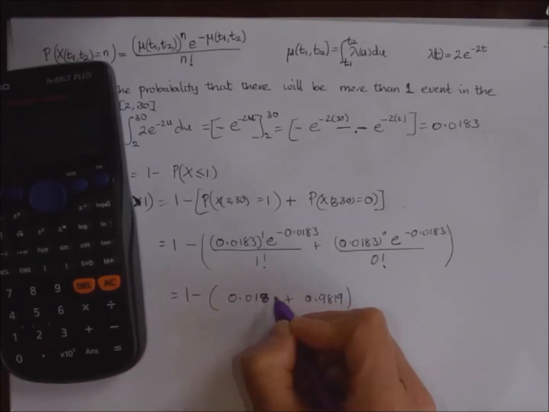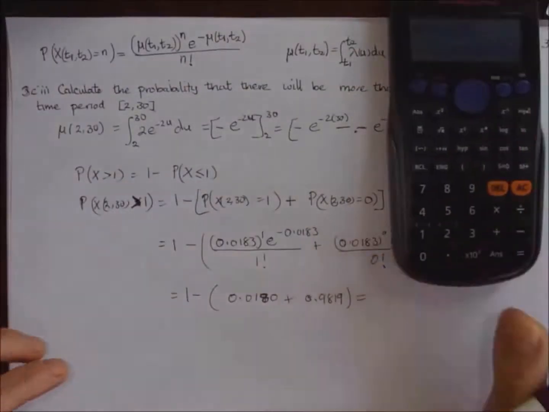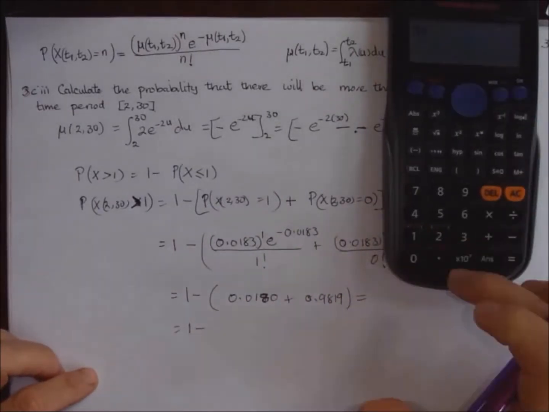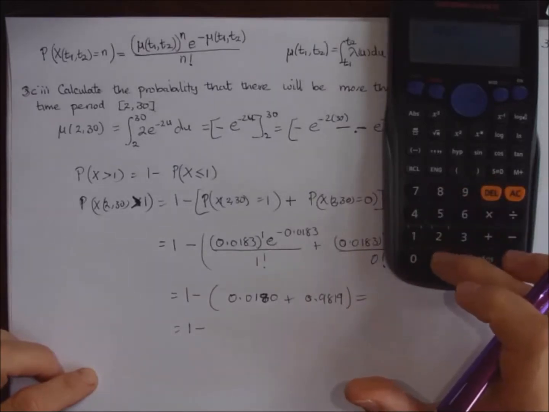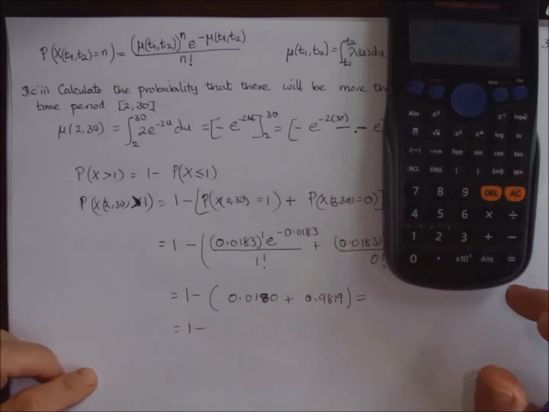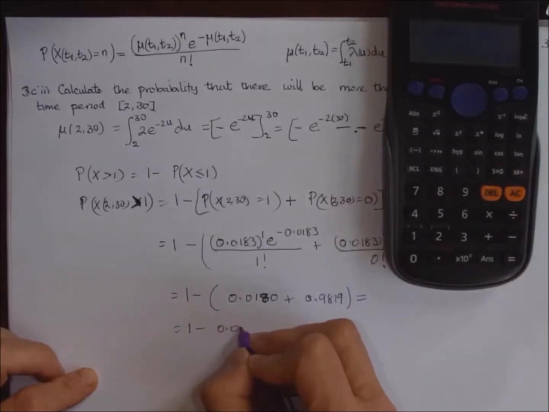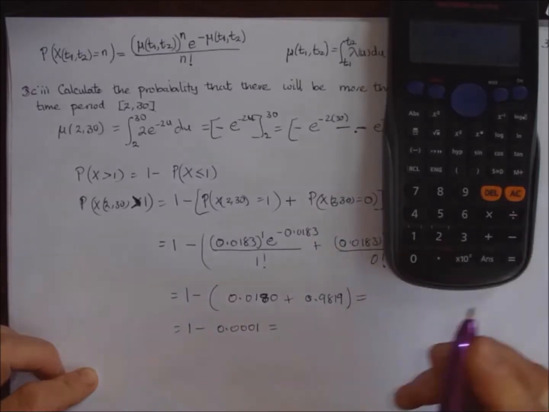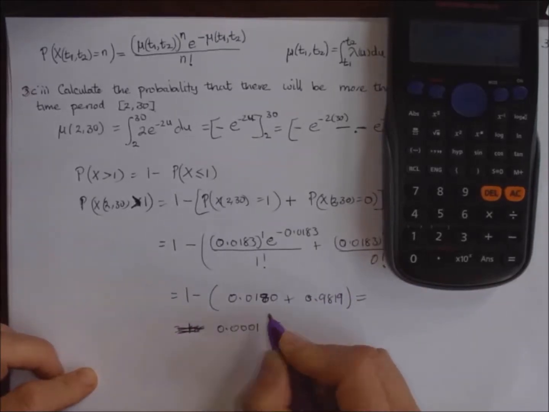We'd have to round that off to 4 decimals and hope that we don't get a number higher than 1. Okay, so that becomes 1 minus 0.0180 minus 0.9819 equals 1 minus 0.1231, which is equal to, well, that is the answer.